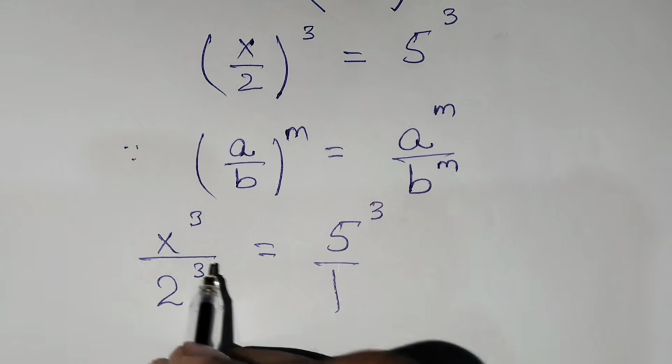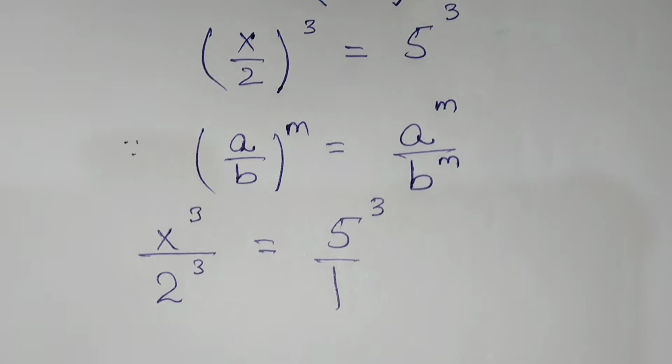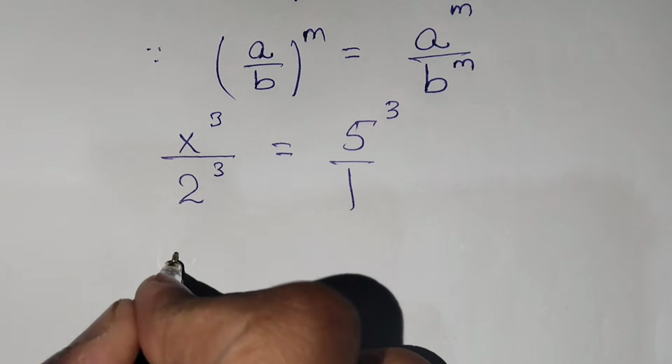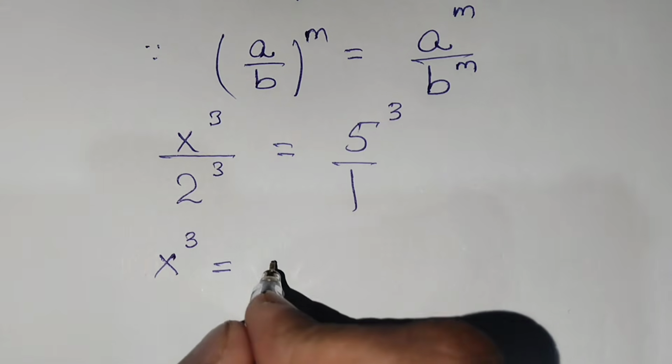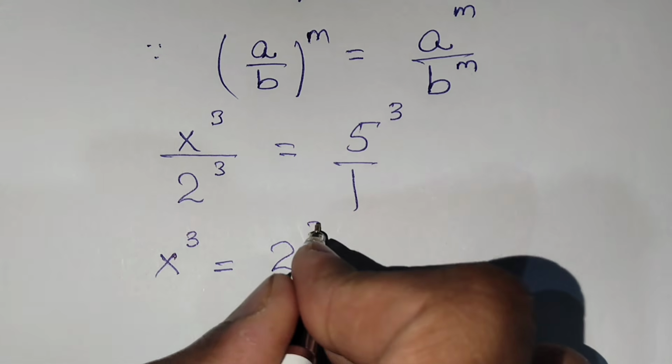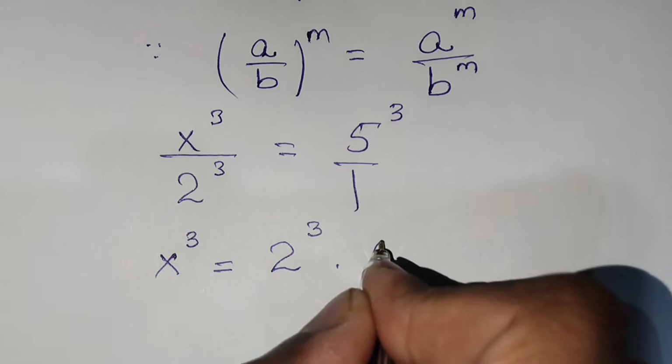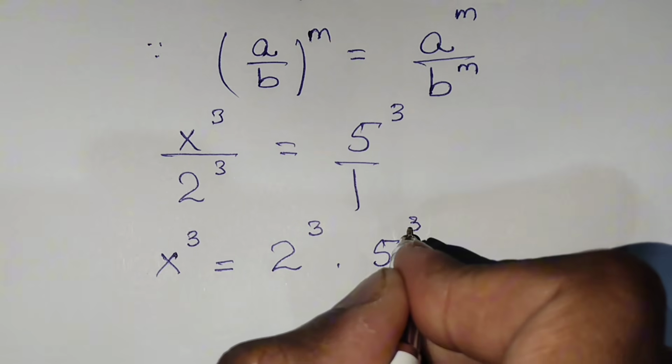Now by cross multiplication, we get x^3 equals 2^3 times 5^3.